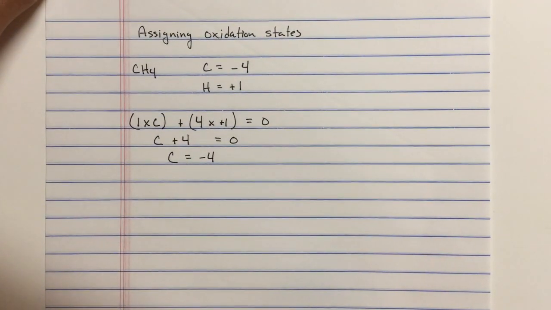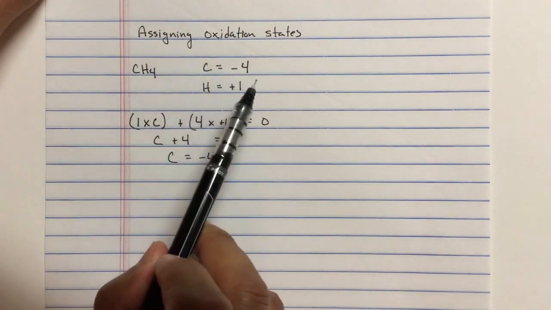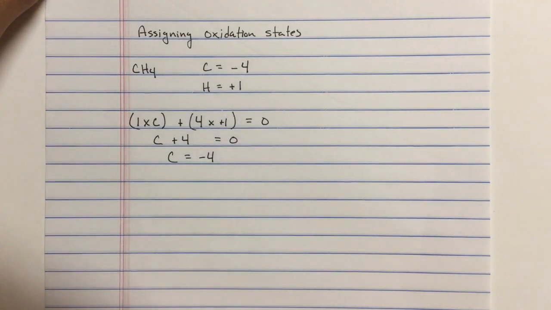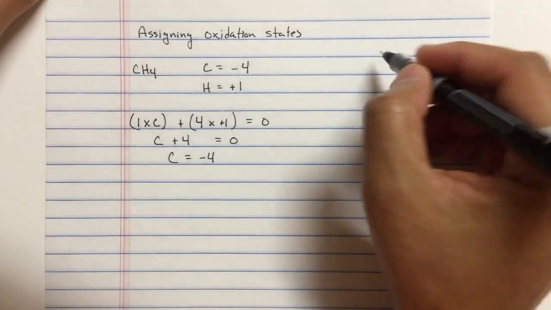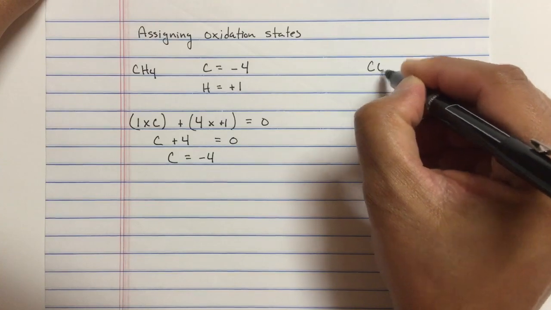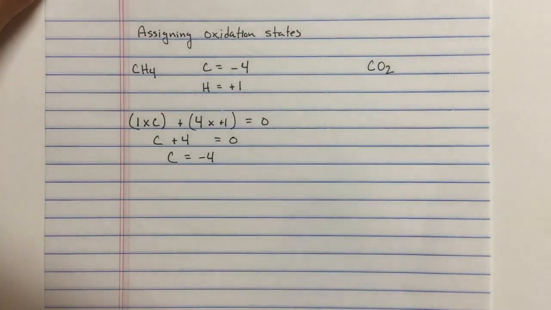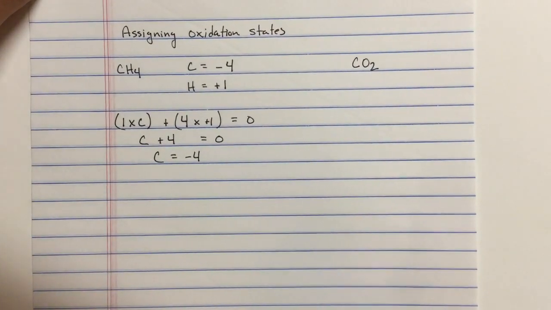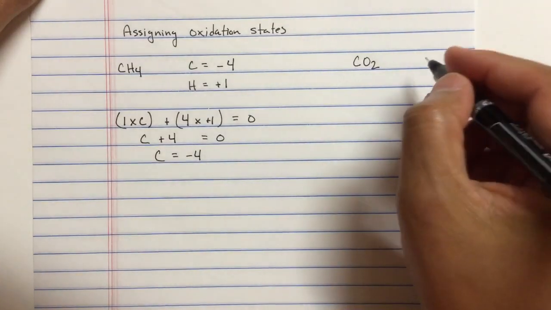Now, I'll stress, -4, +1, these are not charges. We're assigning oxidation states. Let's do another one. CO2, carbon dioxide.